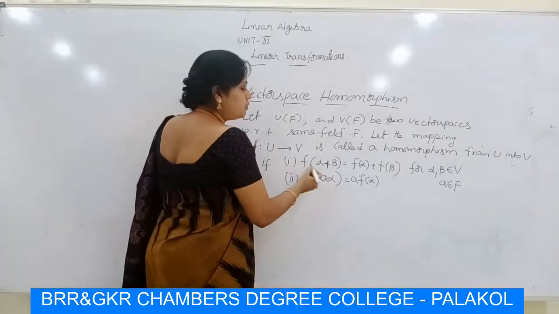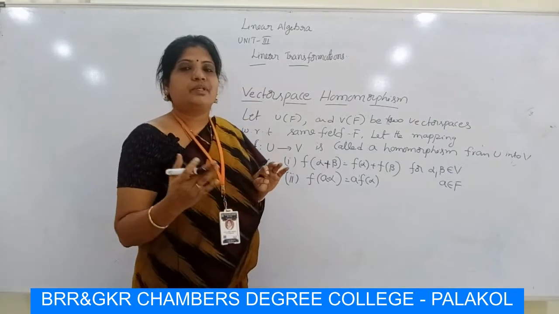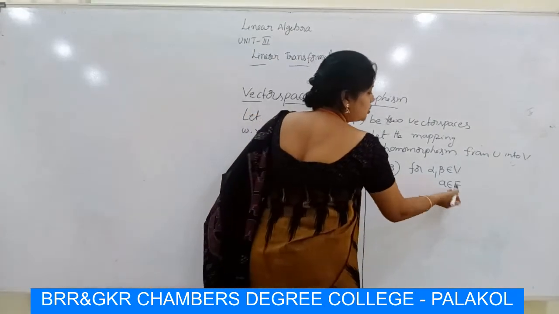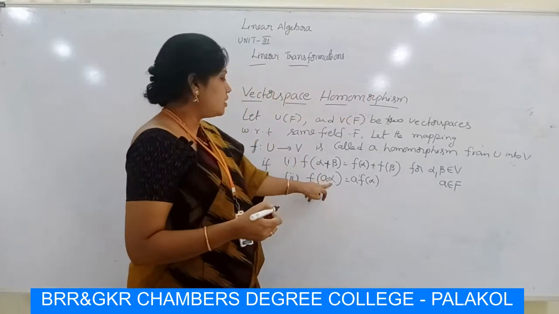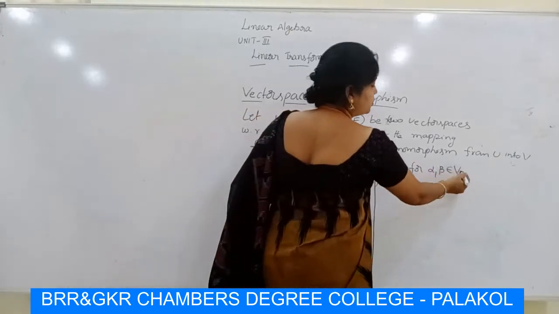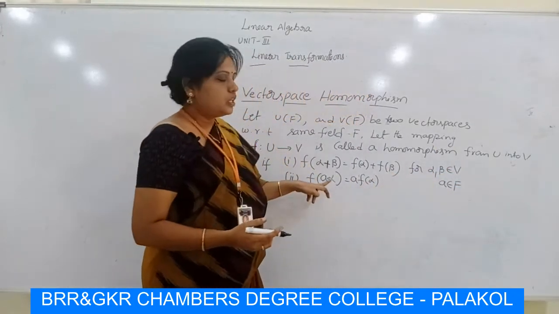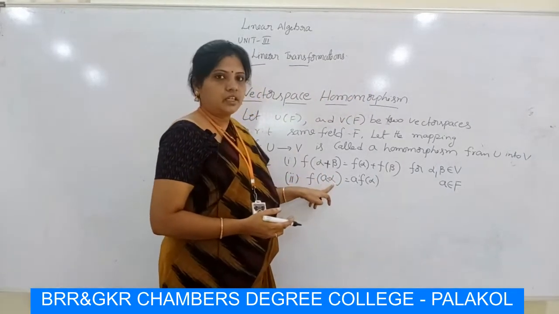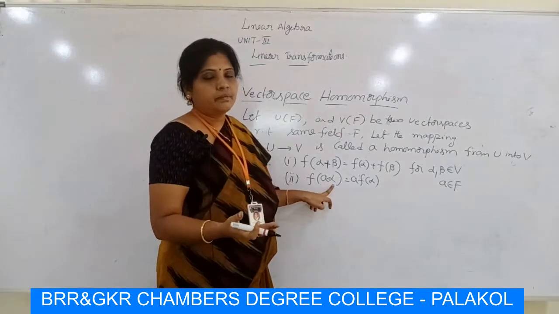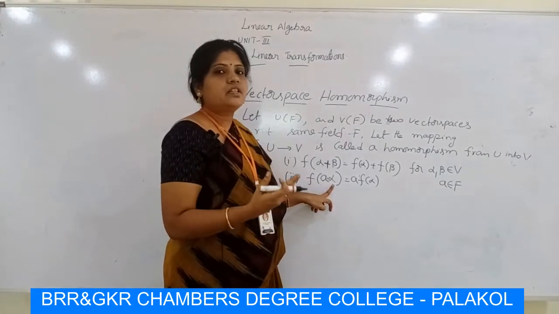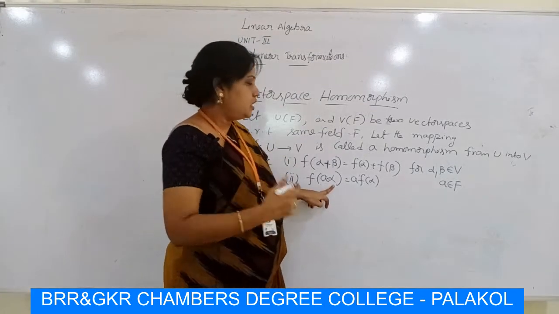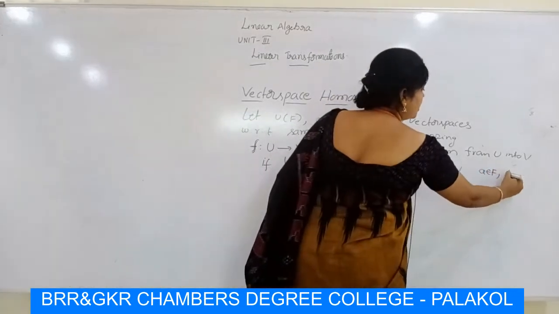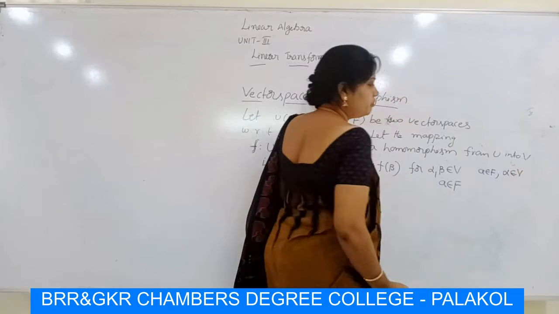Here a into alpha is scalar multiplication with a vector. a is a scalar, it belongs to the field F, and alpha is a vector, which belongs to the vector space. So a·alpha is a scalar multiplication, which is an external composition because a is an element of F and alpha is an element of the vector space.